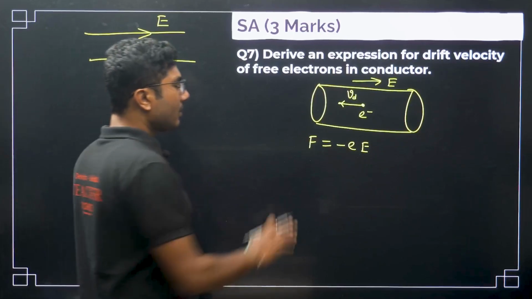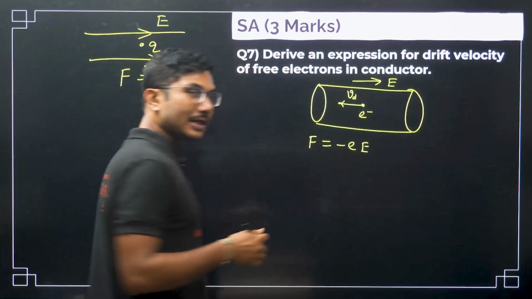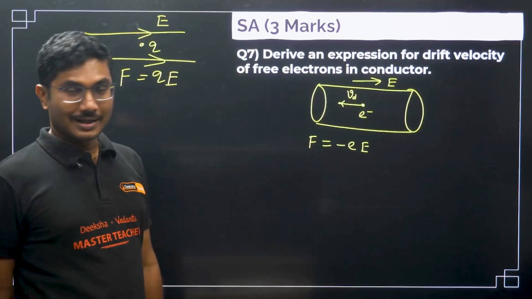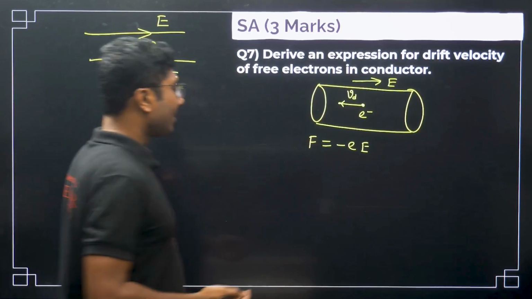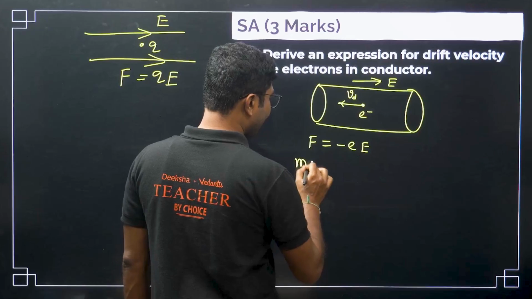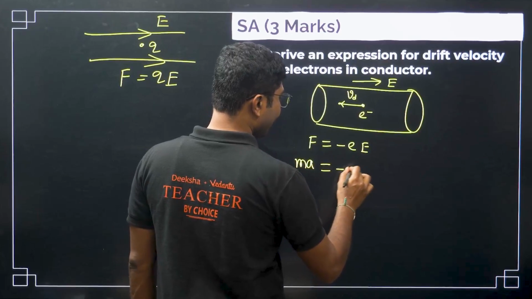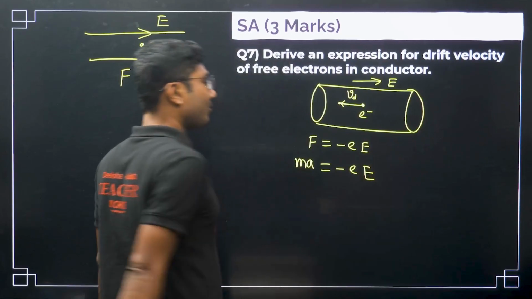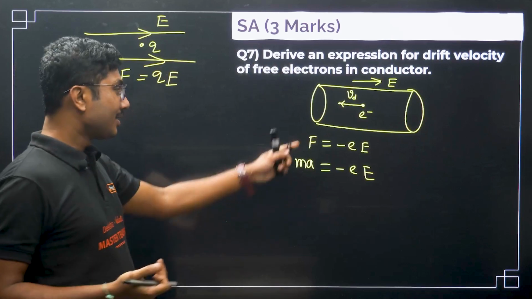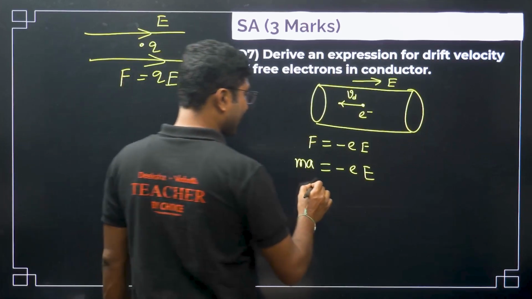Now the force we have calculated. Now again F equals ma. Our grandfather Newton, grandfather of physics, said that. So from there we get F equals ma, and from there we have to calculate the acceleration.